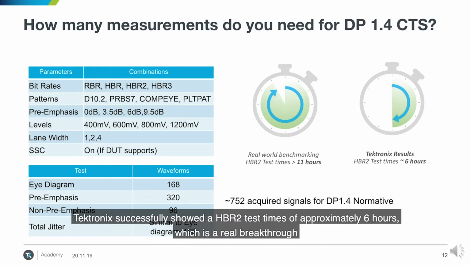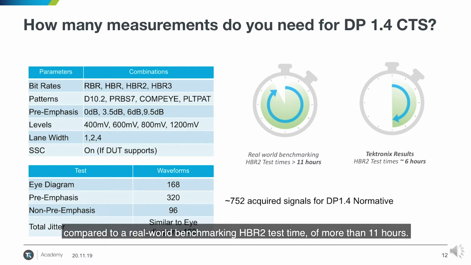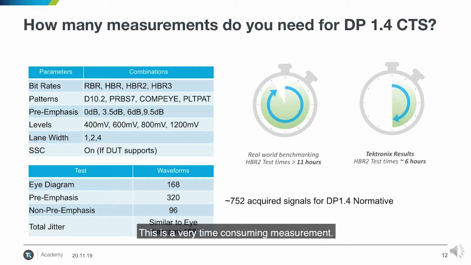Tektronix successfully showed an HBR2 test time of approximately 6 hours, which is a real breakthrough compared to real-world benchmarking HBR2 test time of more than 11 hours. This is a very time-consuming measurement.